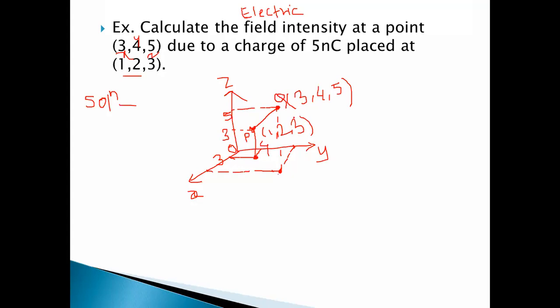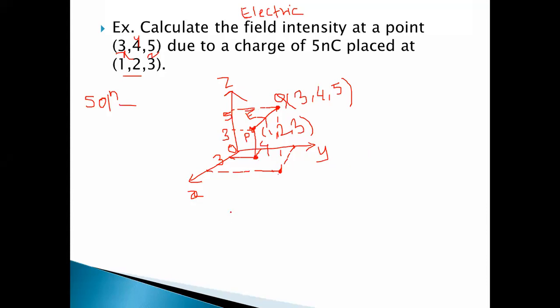Now tell me, what will be the direction of the electric field intensity? It is from point P to Q, because we are finding the electric field at point Q. So this is the direction of this E bar.